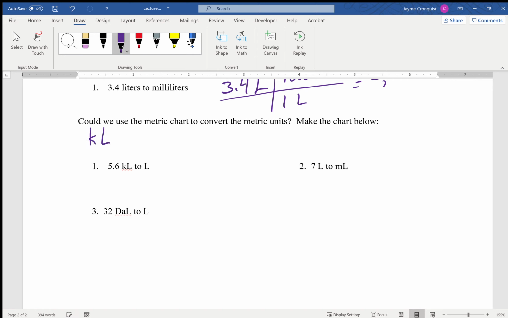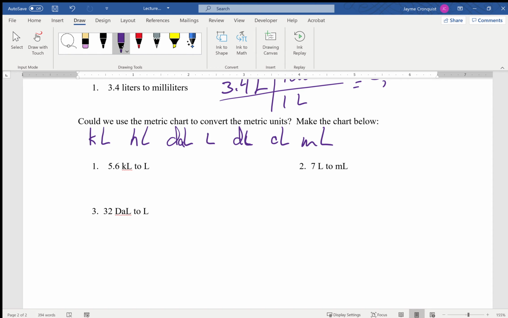Kiloliters to hectoliters, which we don't really use, to decaliters. Sometimes we use decaliters, liters, deciliters, centiliters, and milliliters. Now we tend to not use centiliter or hectoliter, but anyway.